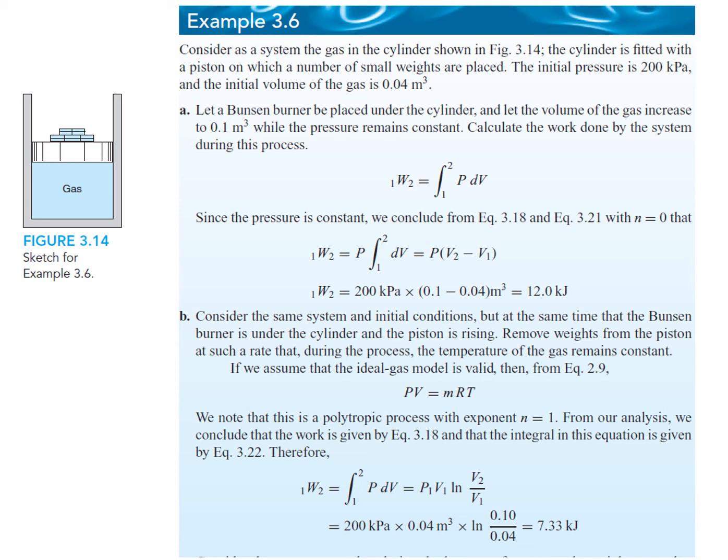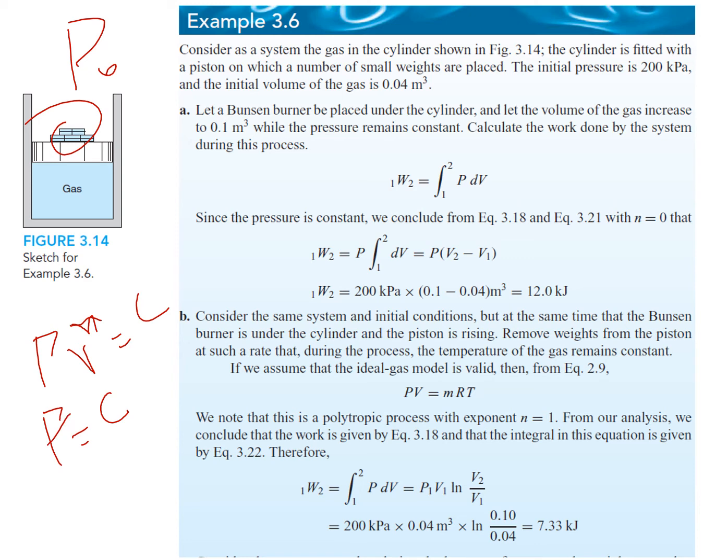The ambient pressure P naught is constant, these weights are constant, so the gas pressure inside will remain constant. So if we know PV to the power n is equal to constant, what will be the value of this n so that P comes out constant from this equation? Definitely we will have to put n is equal to 0.